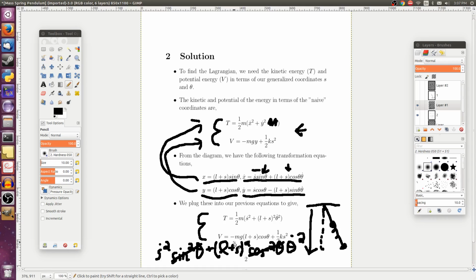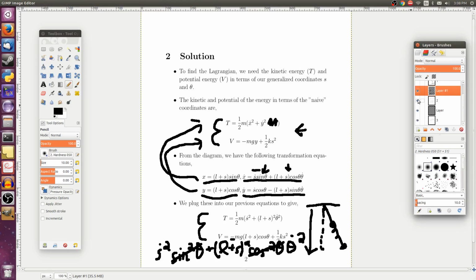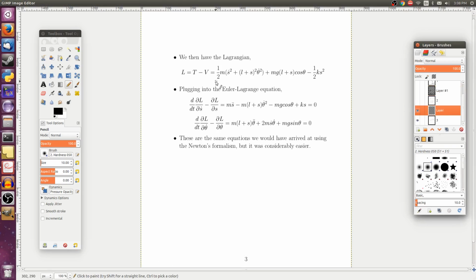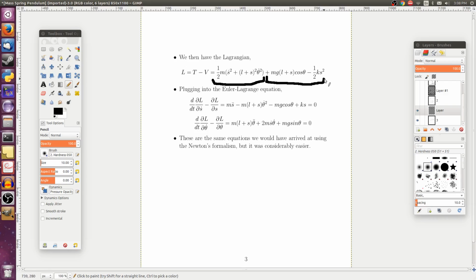So that's why we have that negative sign right here, so that when y gets bigger, our potential gets smaller. Alright, so now we're actually ready to plug this into the Euler-Lagrange equation, because our Lagrangian, like I said in the last video, is going to be our kinetic minus our potential. So there's the kinetic term right here, and here's the minus potential term right here.